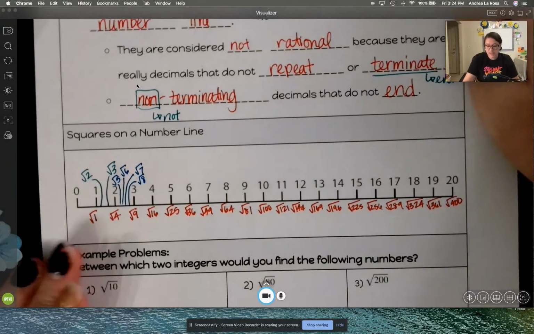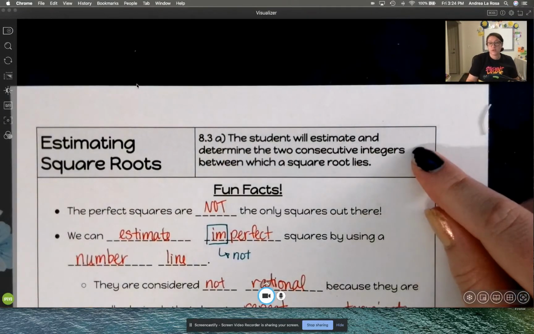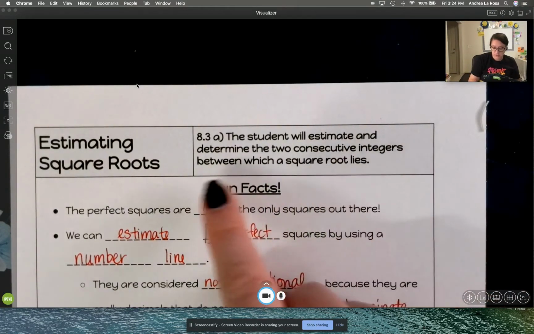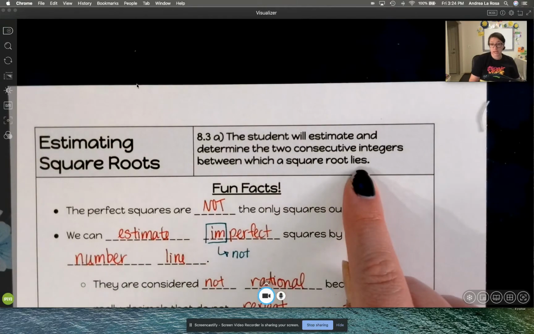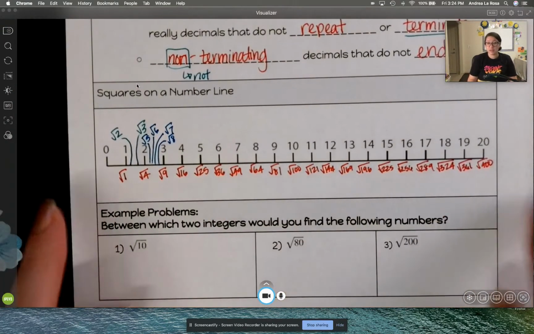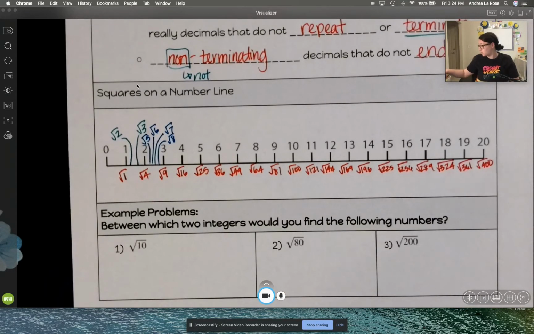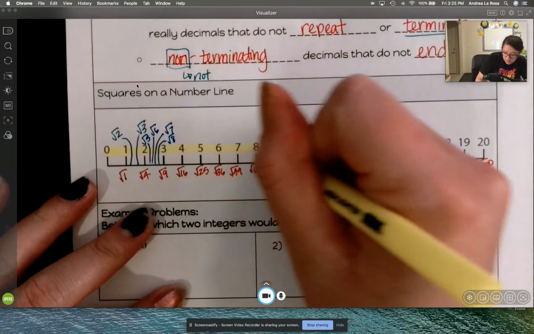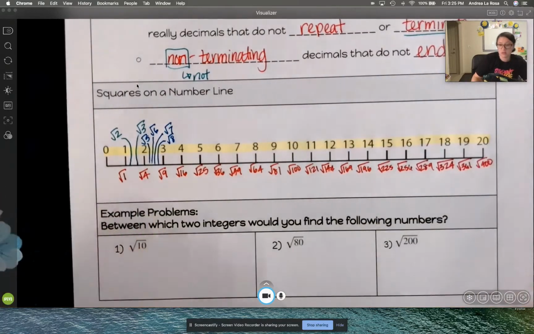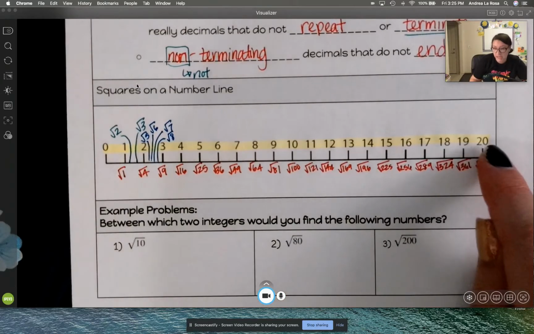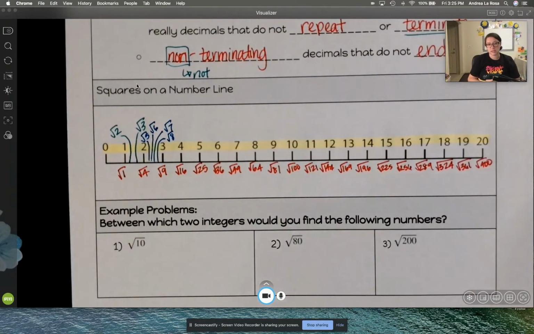The reason that we want to use this number line to help us approximate square roots is because with this standard, what they want you to be able to do is to determine the 2 consecutive integers between which a square root lies. So what they're really wanting to know is, if I have a number line like this, between which of these integers, these numbers on my number line, where is my square root going to be?